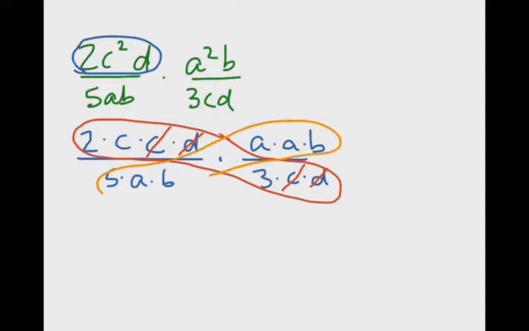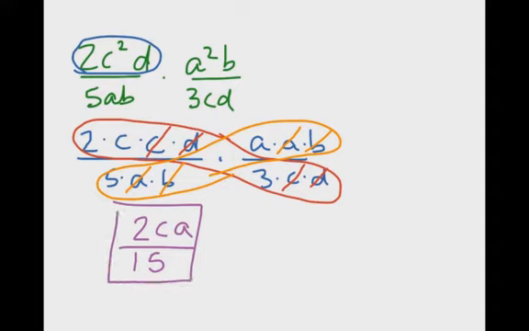Next we go this way, and there's an a and a b. I think that is everything that we can cancel. So now we multiply straight across. We get 2ca over 15. This would be our answer.